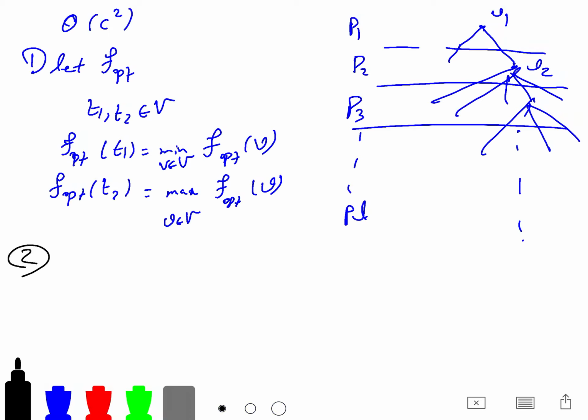So the second step is to compute the shortest path P from V1 to VL, so from T1 to T2.